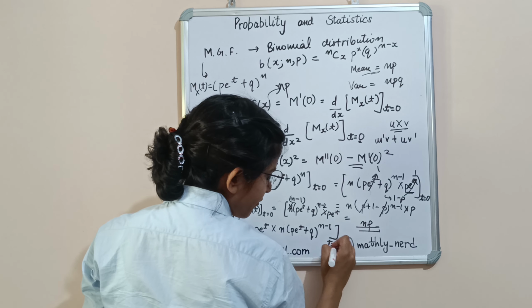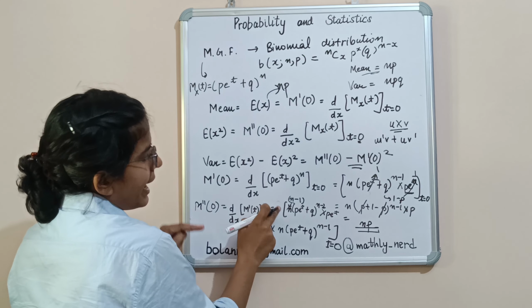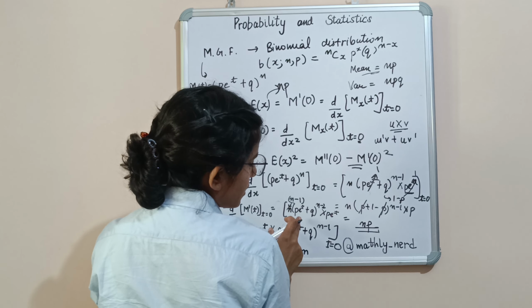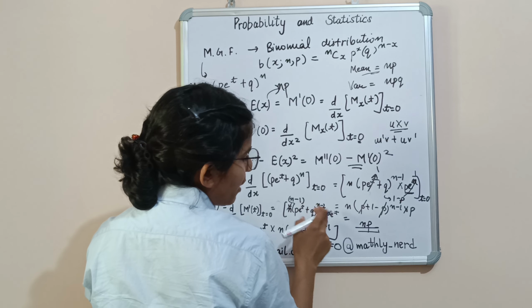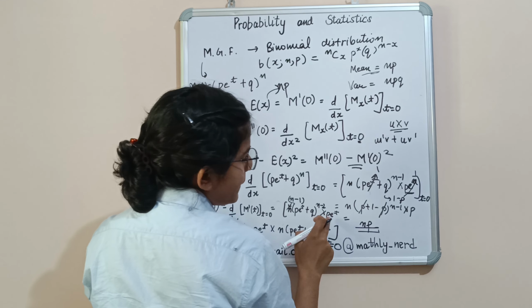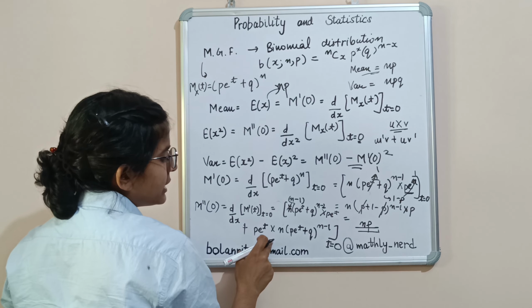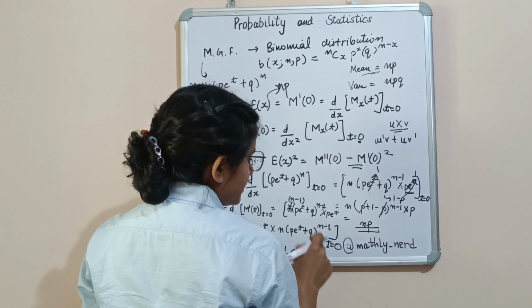And now we will put the value of t equals to 0 in this. So this is n into n minus 1 (pe^t + q) whole raised to the power n minus 2, multiplied by pe^t, plus pe^t times n (pe^t + q) raised to the power n minus 1.